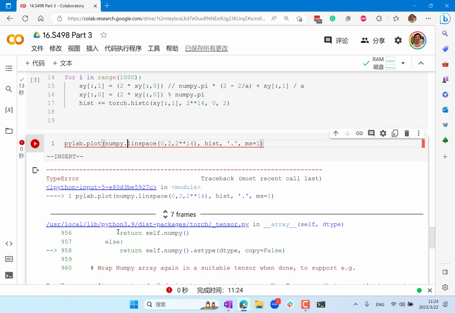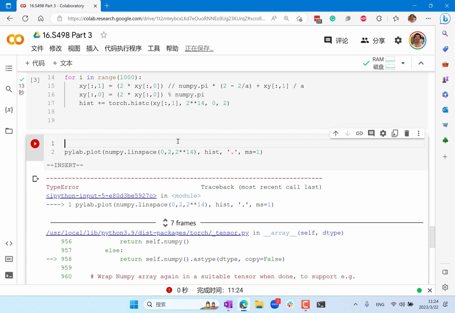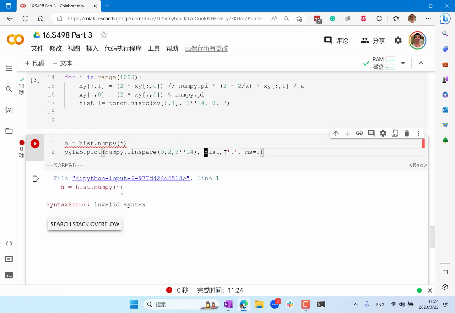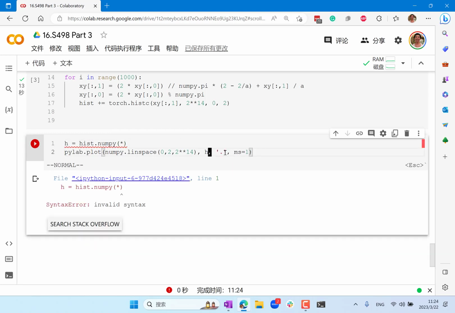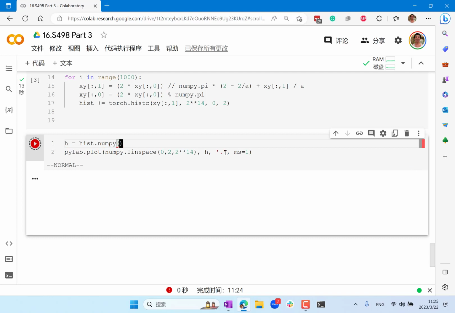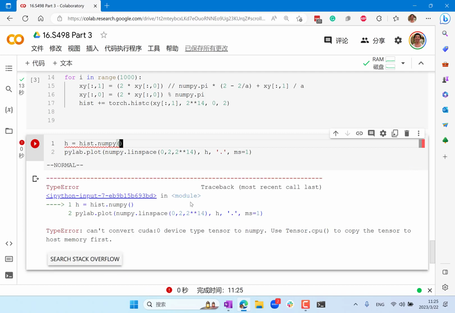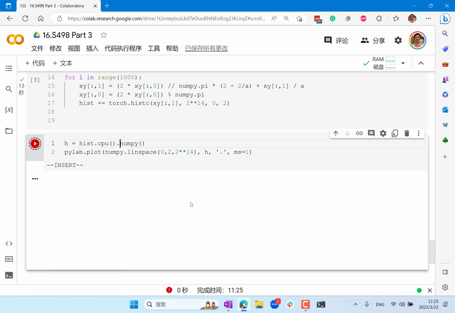Let's say h is histogram dot numpy. Why do I have a star over here? Yeah, I have to move it to CPU and then convert to numpy.